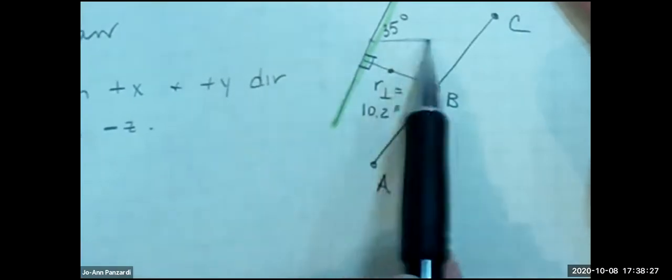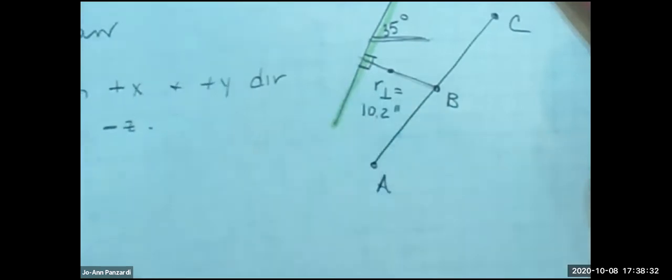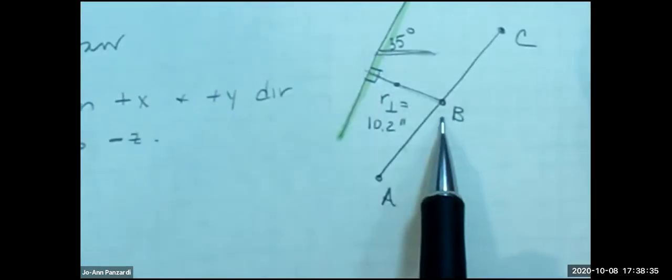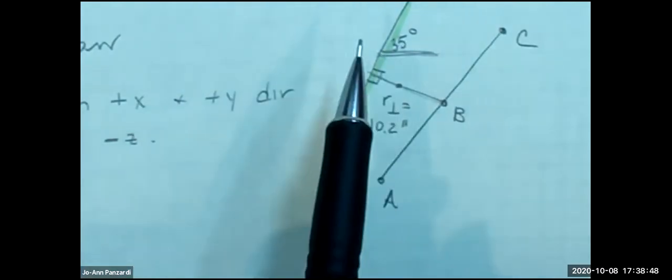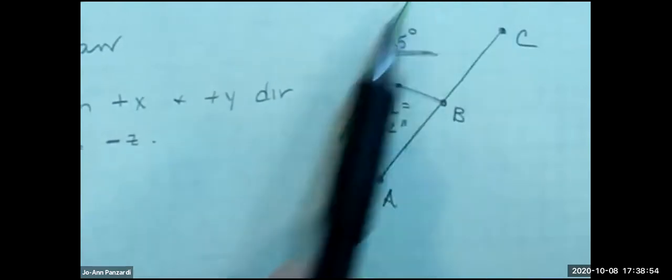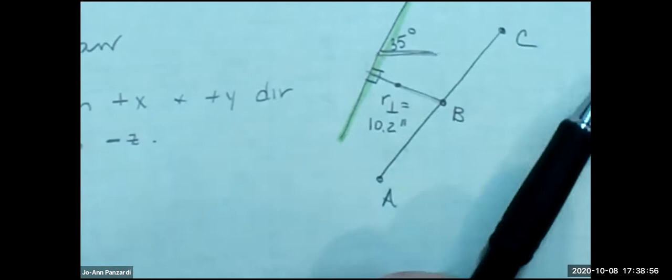So now I drew the bracket again, A, B, C. I knew the force was going off at a 35-degree angle, and I found the perpendicular distance that force has to be out to create the moment about B. So my question is, Edgar, why did I draw this resultant force of 48 pounds to the left of B and not to the right of B?